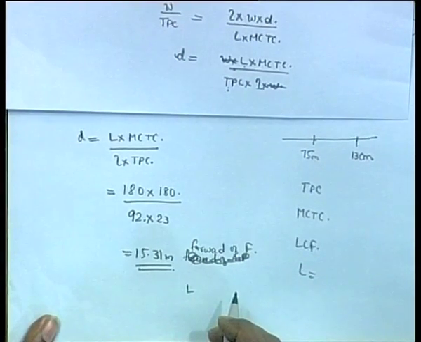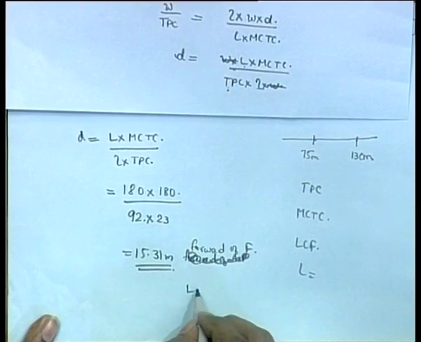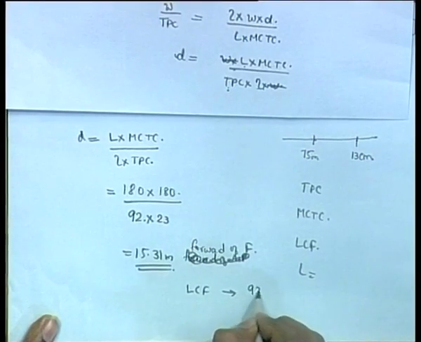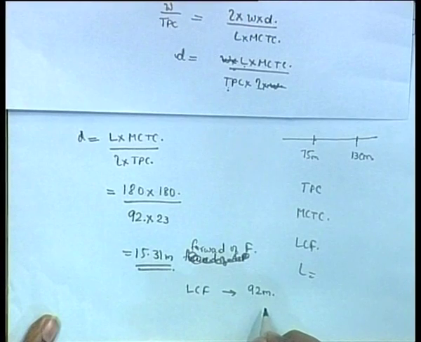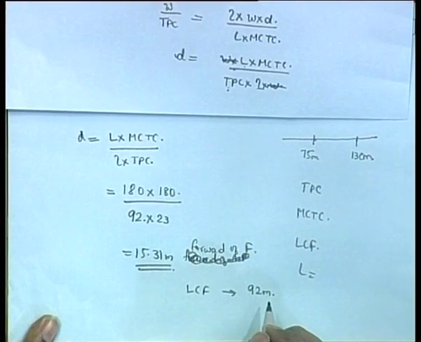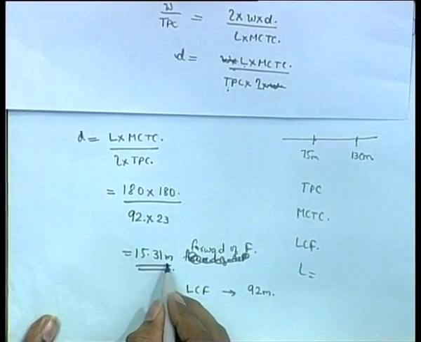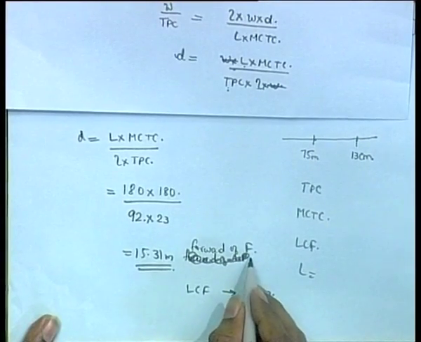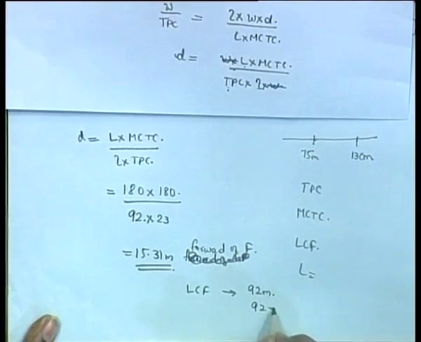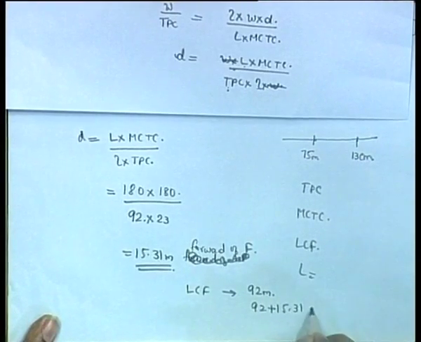Then you are told that LCF is at a distance of 92 meters from the aft perpendicular. Now the weight has to be moved from 15.31 meters forward of F, which means 92 plus 15.31, which is 107.31 meters forward of AP.